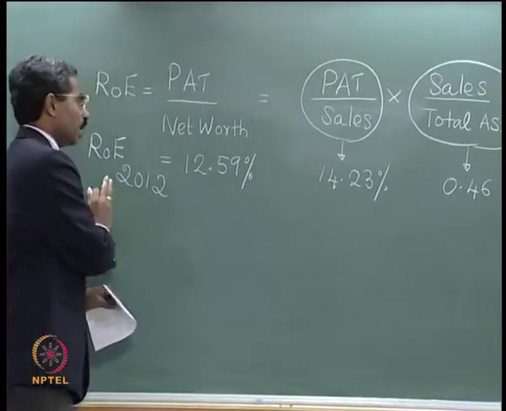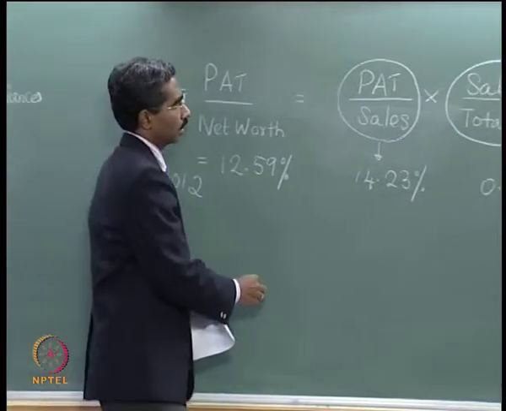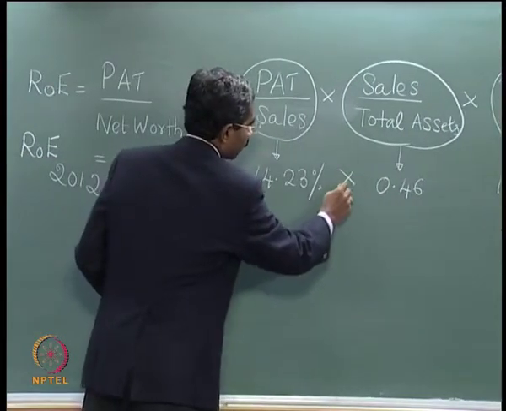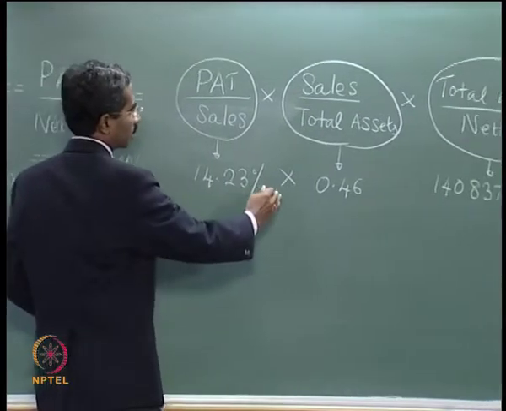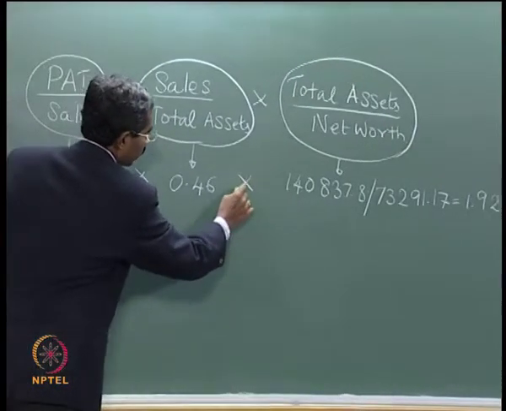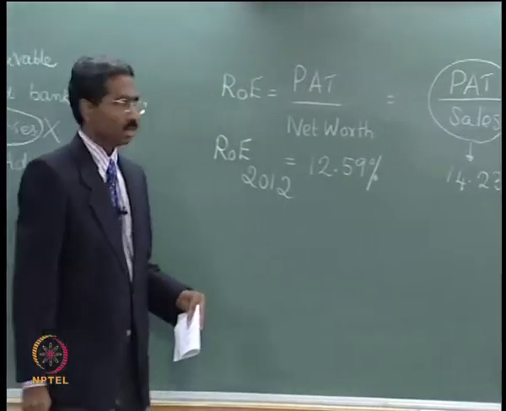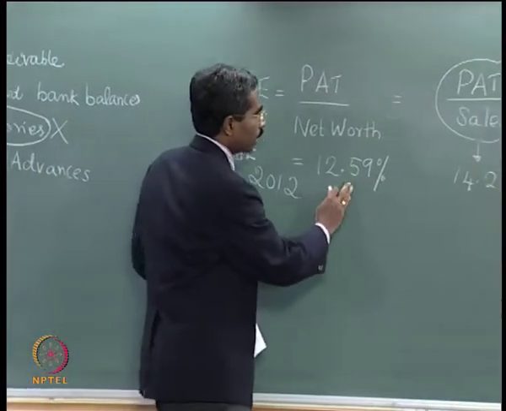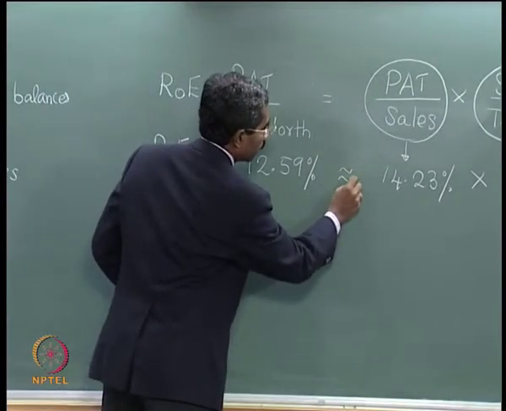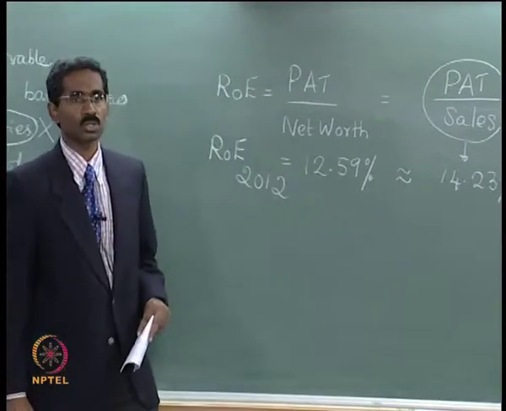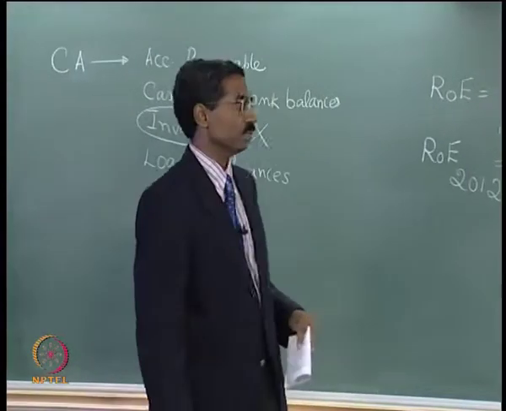So return on equity is nothing but net profit margin multiplied by total assets turnover, which is again multiplied by the leverage multiplier. Because of rounding errors, you may not get 12.59, but you may get a number that is close to 12.59%.